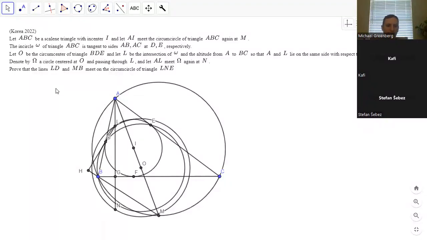So yeah, I mean we could just say reflect L over BC. Well, it's not the reflection of L over BC. LD and MB. So yeah, it's asymmetric. We could do the same thing on the other side of the diagram.